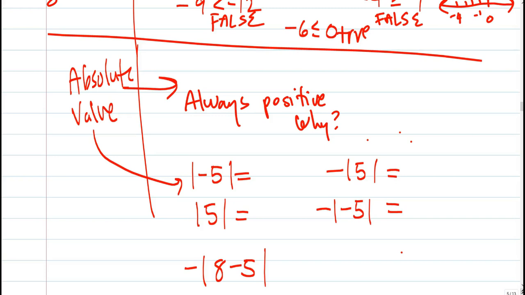Well, it has to do with what absolute value means. When we talk about absolute value, here's the key word, some of you already know this, you're screaming at the screen: it is a number's distance from 0. Why did I underline the word distance? Why is that significant?